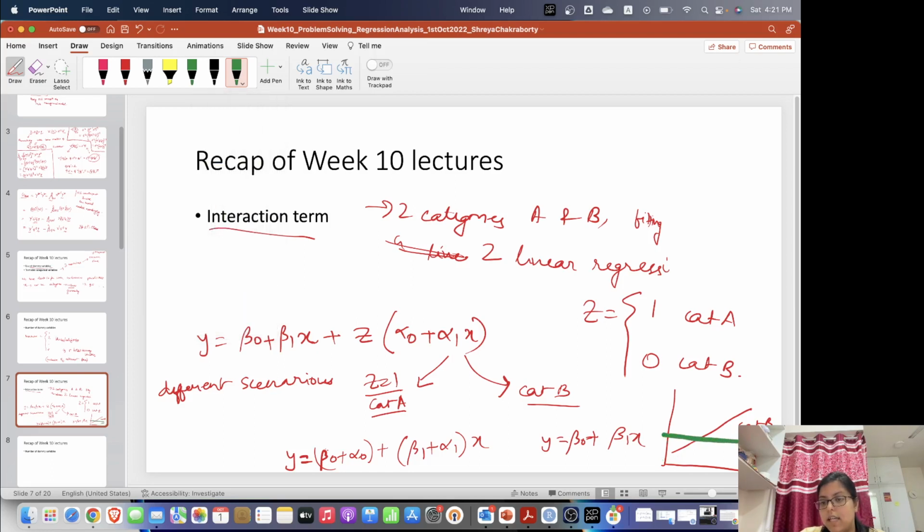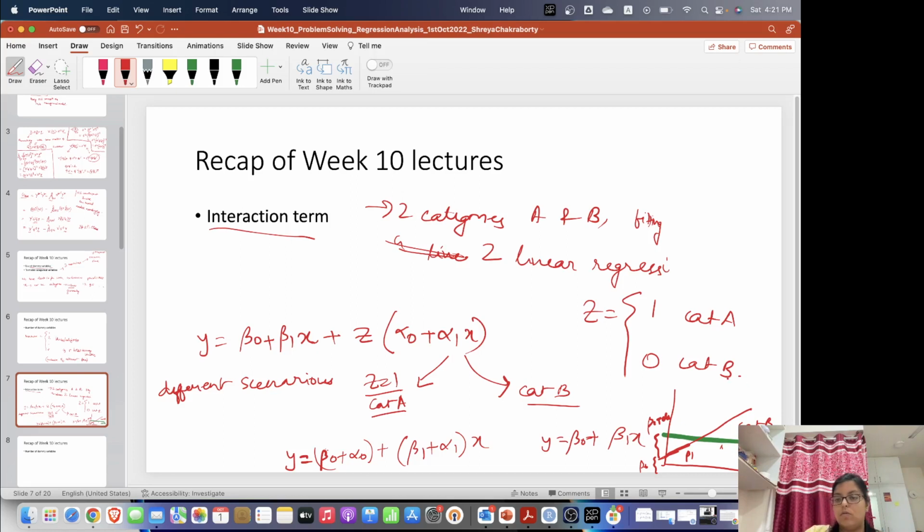So this intercept is beta naught, and this intercept is beta naught plus alpha naught, and the slope is beta 1, and the slope for this line is beta 1 plus alpha 1.